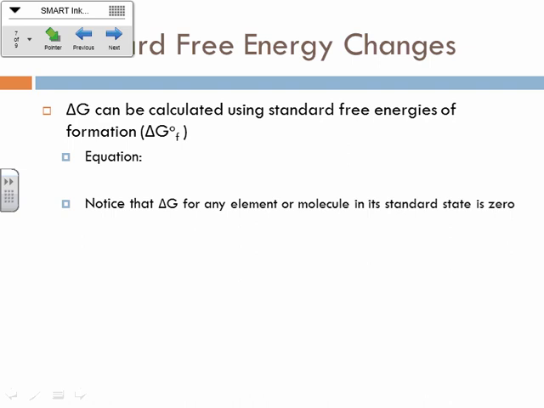You can figure out a standard free energy, delta G, just like you can delta H of formation. So this, again, is very similar to what we've already talked about. The equation here, you can probably guess what it's going to be.